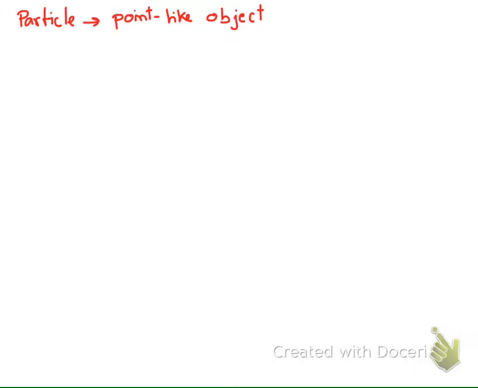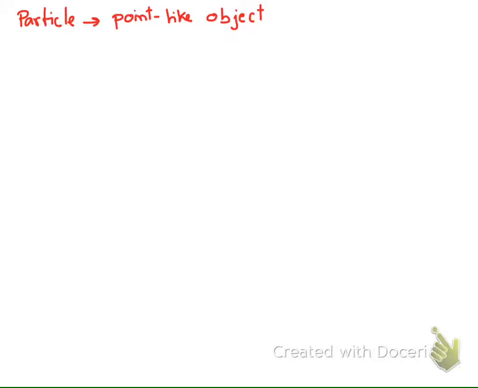In physics, we use the concept of particle for the motion of an object whose size is much smaller than the corresponding length. Every object has size. Even a very small object like an electron still has size.